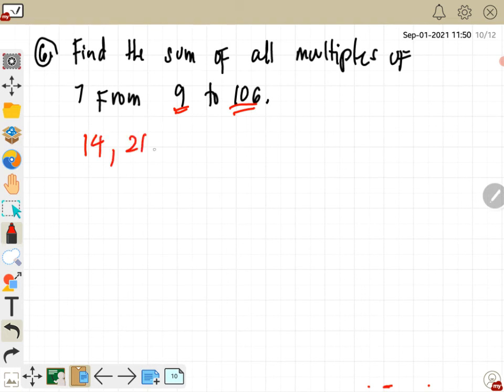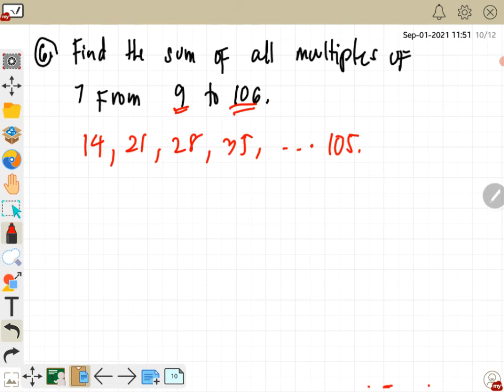And that goes with 21, 28, 35, and so on. But what's the last number right before 106 that is a multiple of 7? That is 105. So it's like telling us to get the sum of all terms that are multiples of 7 from 14 to 105.